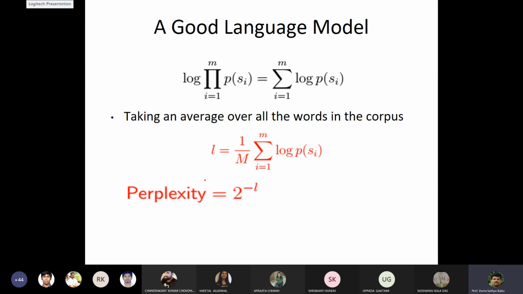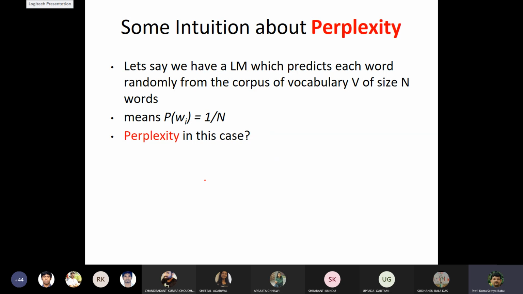High probability means the sentence is near to correctness, syntactically correct. When the probability is high, you can easily understand that the confusion is less, and so the perplexity will be low.